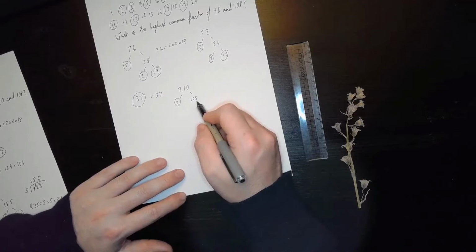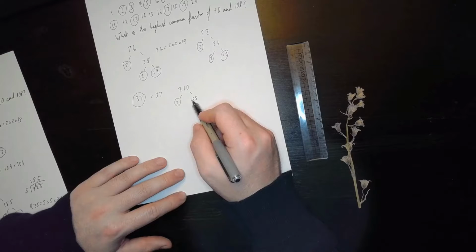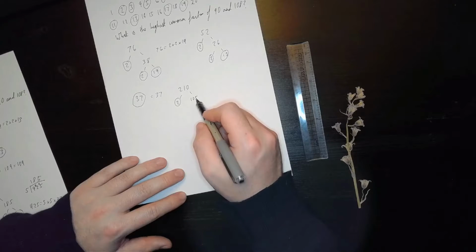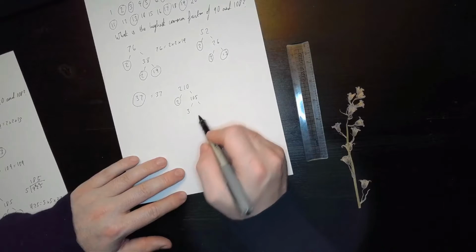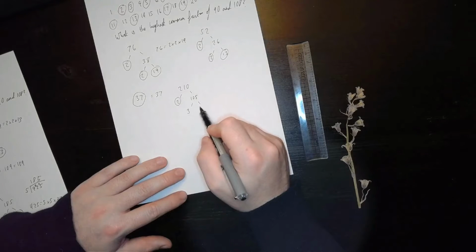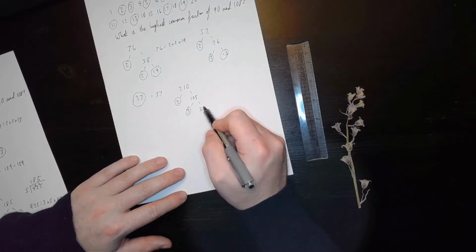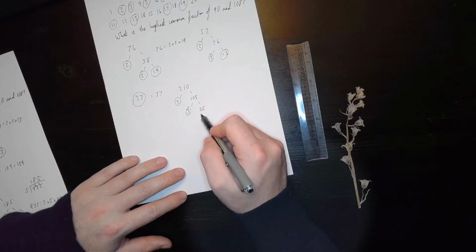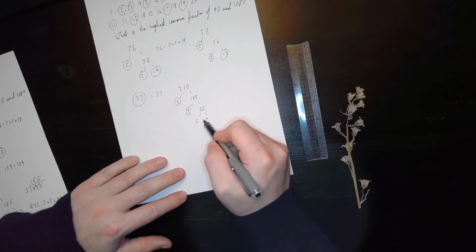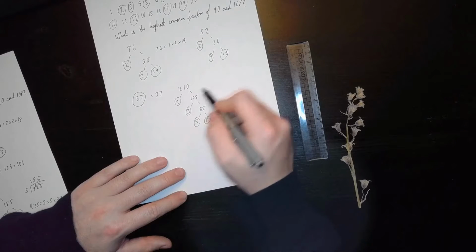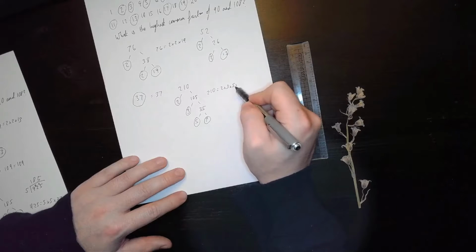You add the digits, and if that number is divisible by 3, so e.g. 1 add 0 add 5 is 6, 6 is divisible by 3, so we know 105 must be divisible by 3. So let's work that out. That's 35. Okay, and 3 doesn't go into 35, but 5 does, 7 times. So 210 is 2 times 3 times 5 times 7.